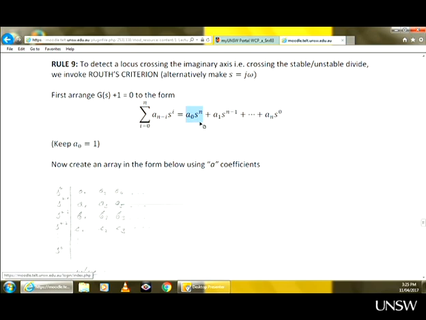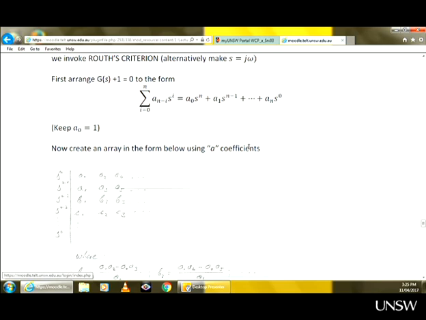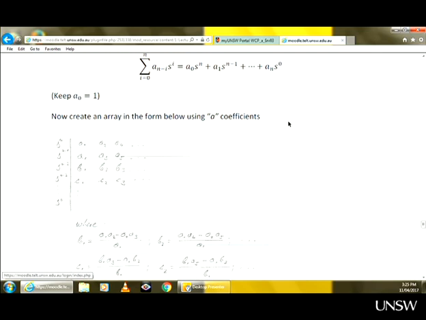You have coefficients multiplying each power of s. Remember, you have to start from a0, then a1 up to an. Then you form a matrix like this.